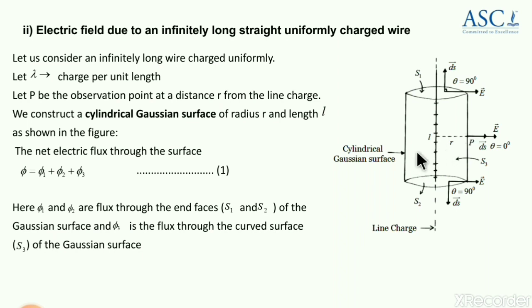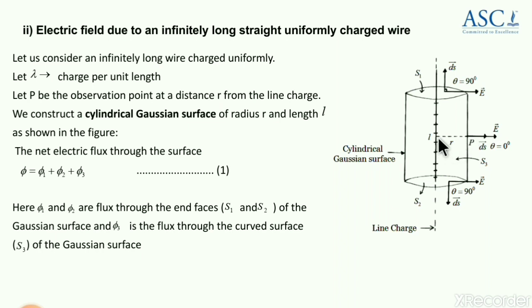And now for that purpose again we have to make use of the Gaussian surface along with the flux and Gauss law. Here, to calculate electric field due to this uniformly charged infinite wire, I will choose a point P at a distance r from the wire, and now from this point of observation P, let us construct a Gaussian surface which is in the form of a cylinder.